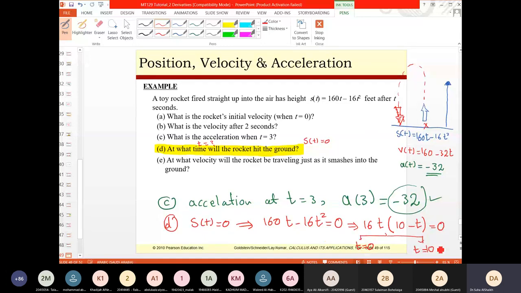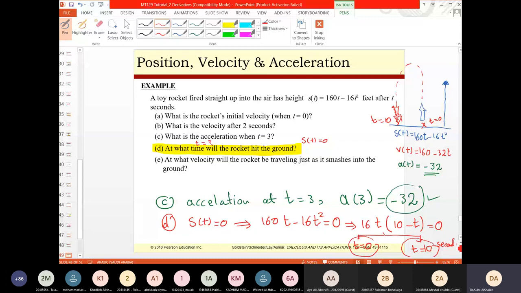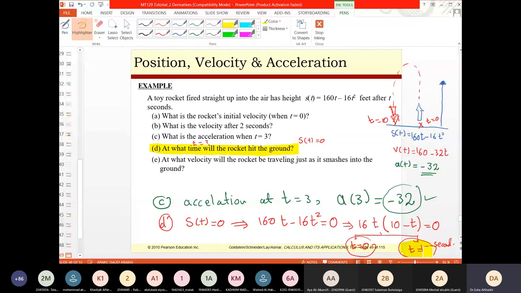So when will it be on the ground? Twice. The first time is when the time is zero, and the second time is when t is 10, meaning after 10 seconds. This answers the question. They didn't ask me about the beginning, about t equal to 0; they asked me when it hits the ground again. It's going to hit the ground when t is equal to 10.